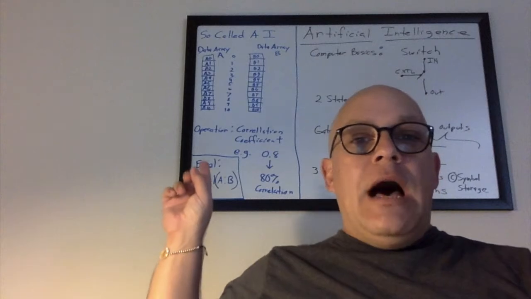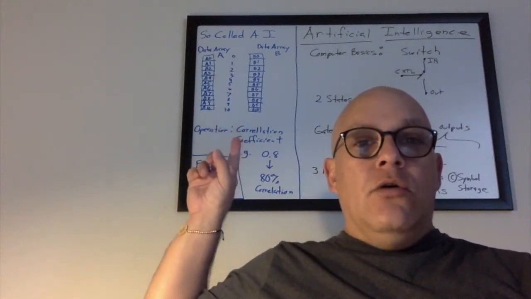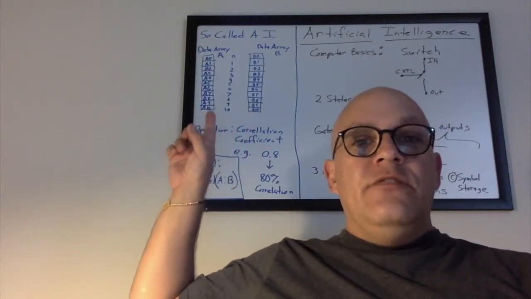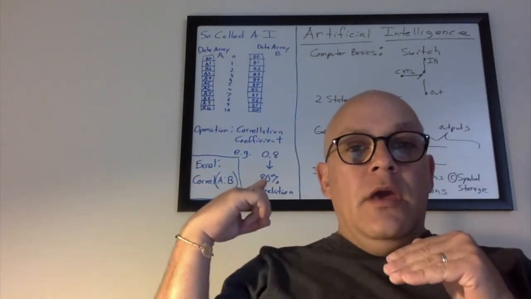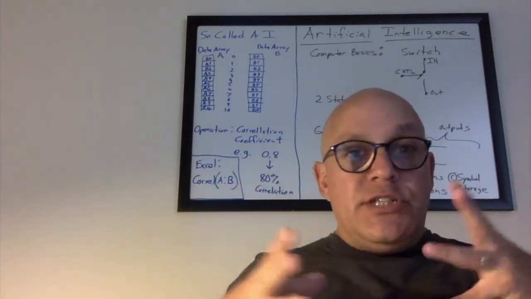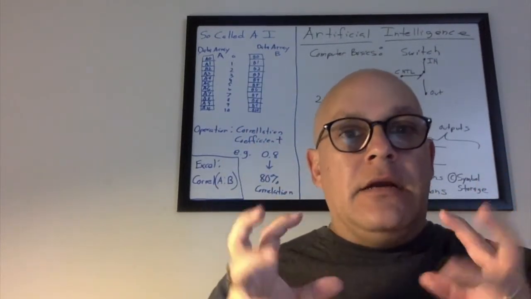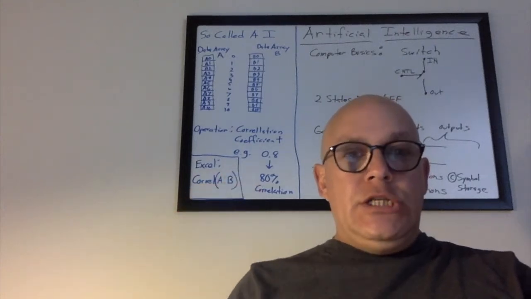And then I perform an operation on these 2 arrays called a correlation coefficient. So I want to see how related these 2 data arrays are to each other. And out pops, oh, they're 80% correlated. So they've got 80% of something in common. That's how we come up with 80% correlations.